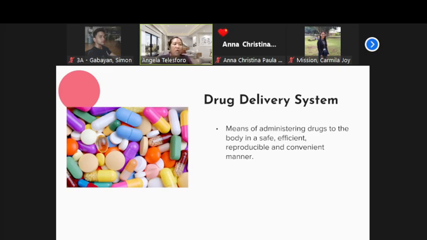Because if it is not safe at the beginning, like if it is toxic, then we all know the drug is effective, but how safe is the drug? So we have to know the safety.